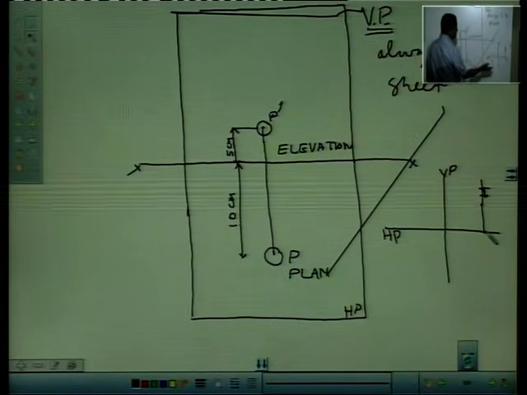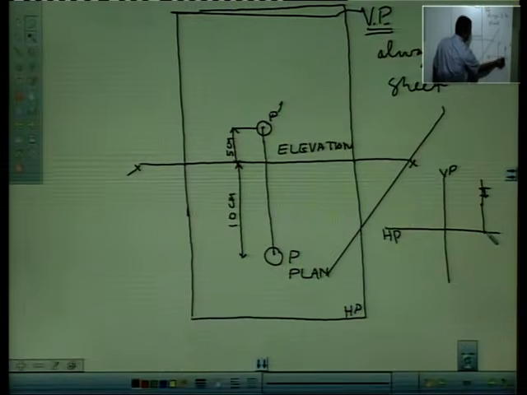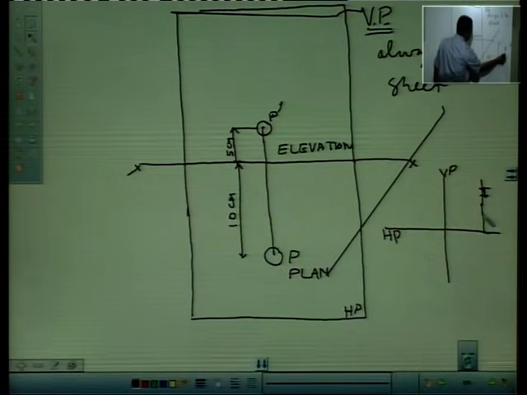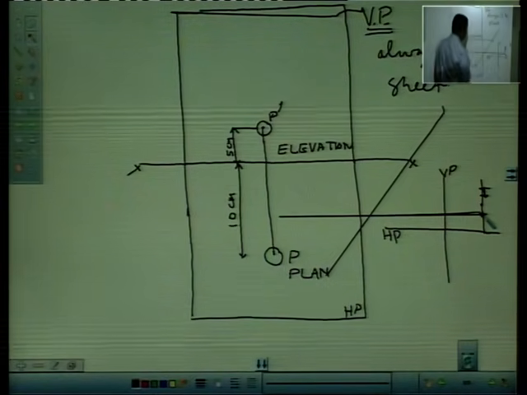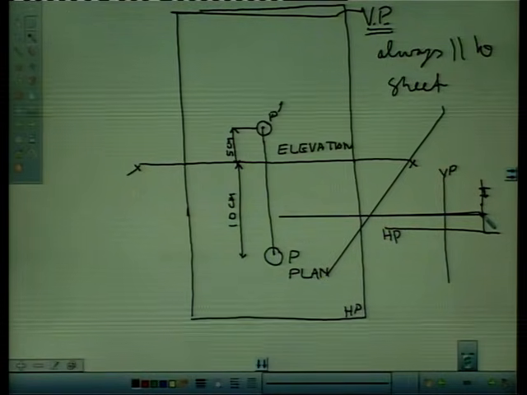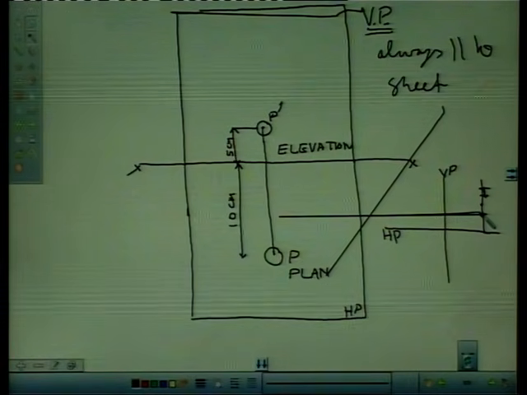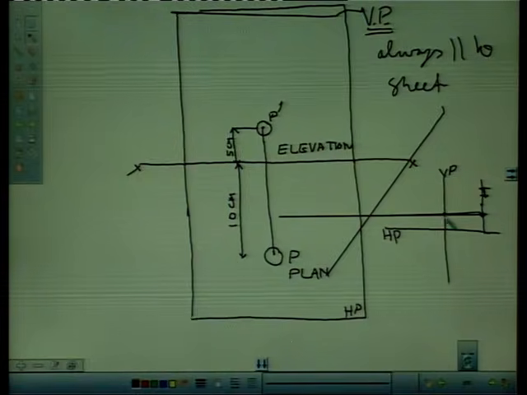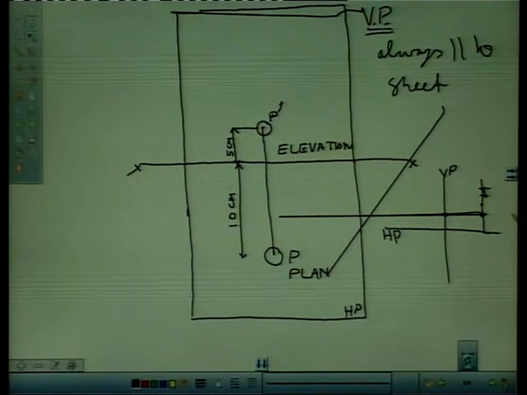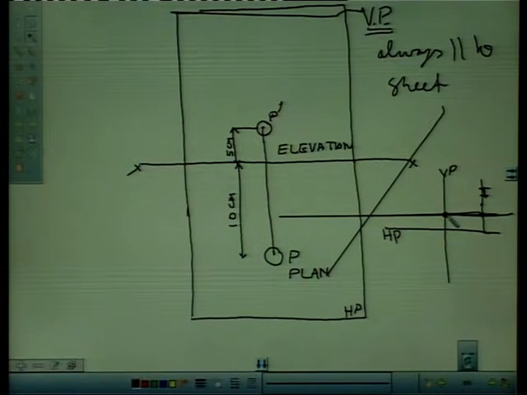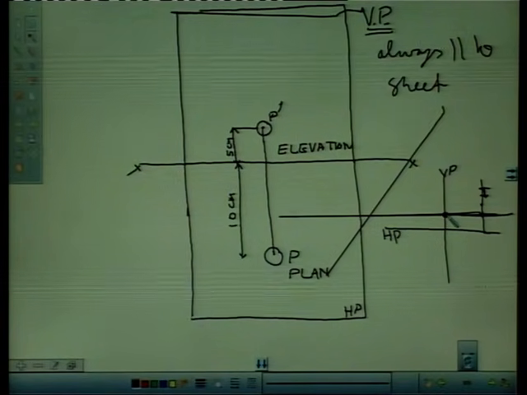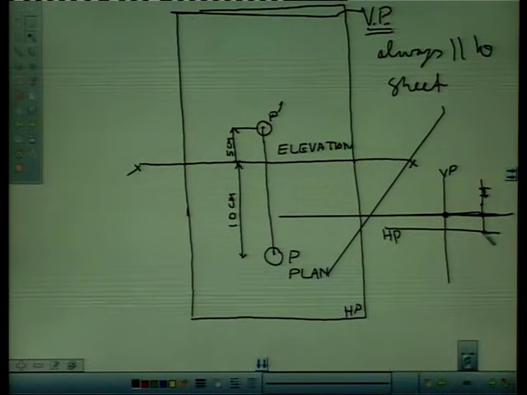and our point is 5 centimeter above horizontal plane. So, from here we will take 5 centimeter. So, our point is here. Its representation on the vertical plane will be somewhere here. If we see from this side, it will strike the vertical plane here, and on horizontal plane it is here.